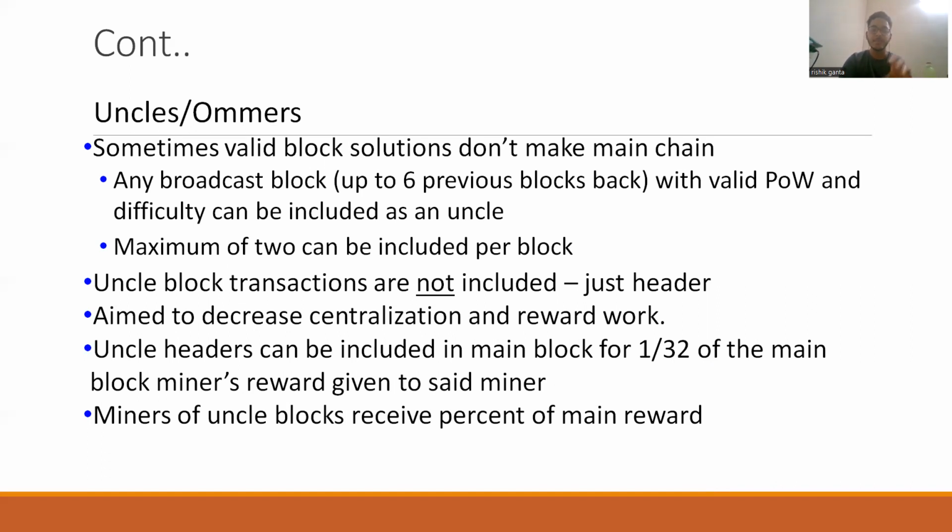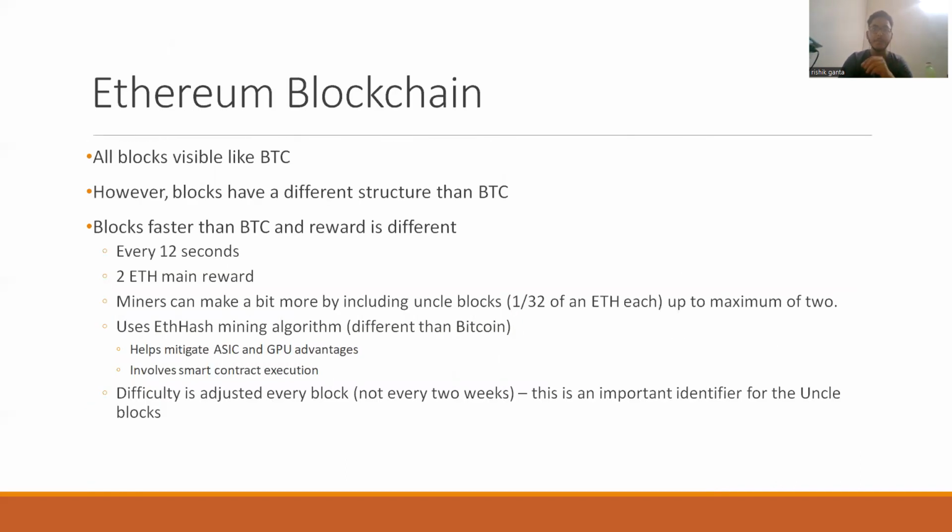Miners of uncle blocks receive a percentage of the main reward. Ethereum blockchain. Similar to the Bitcoin blockchain, all the blocks are visible. However, the blocks have a different structure. The blocks in Ethereum are faster and the reward is different.